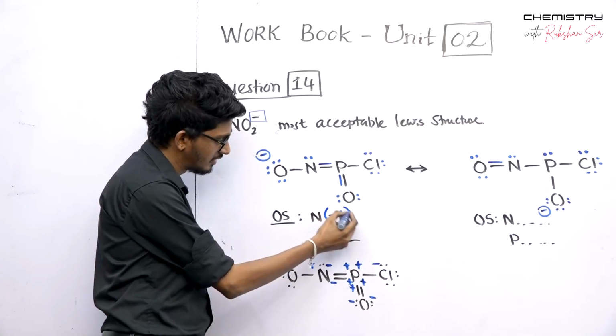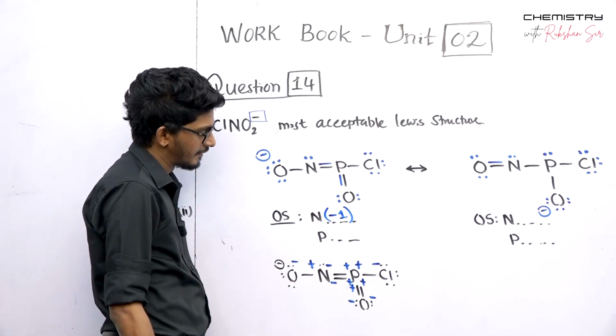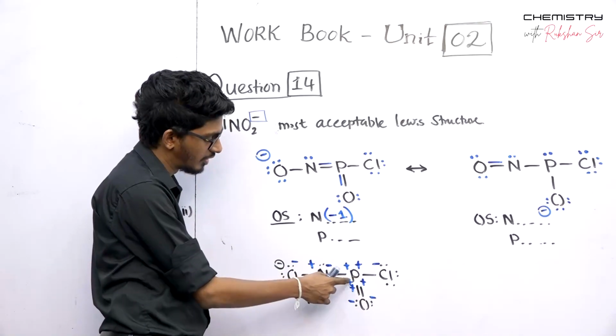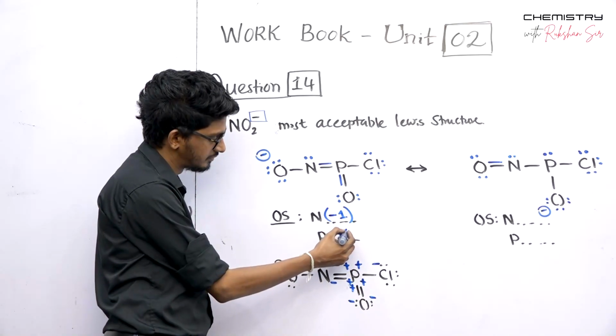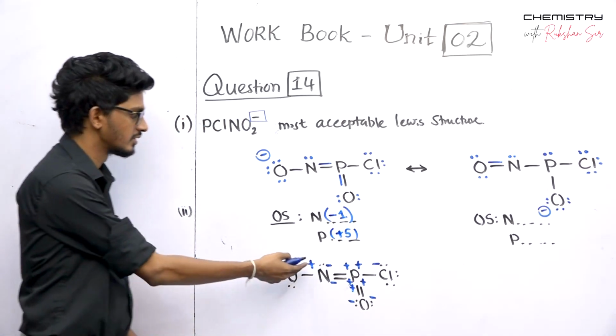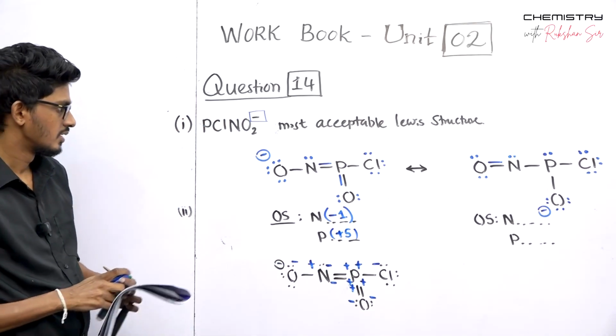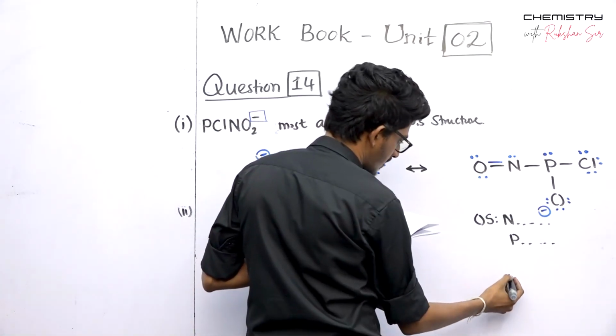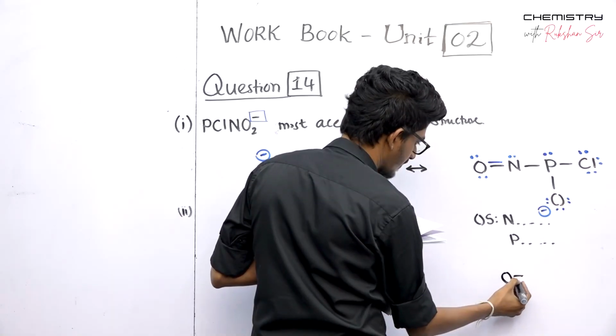Normally oxidation states are written inside brackets. For phosphorus, around it you have 1, 2, 3, 4, 5, so +5. Right, this is the working. If you are thinking of the other structure, I'll do the working for that as well.